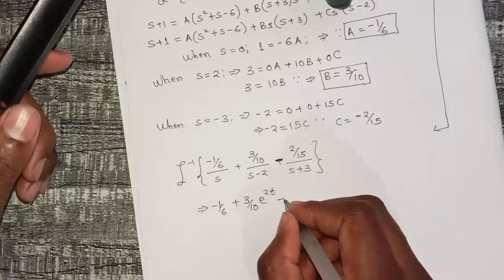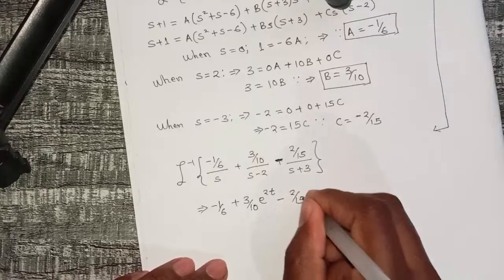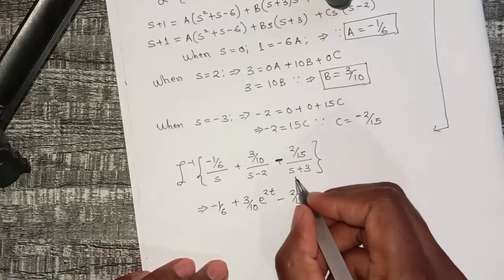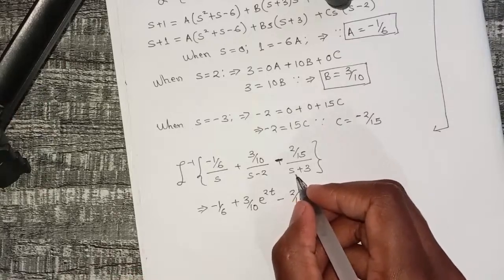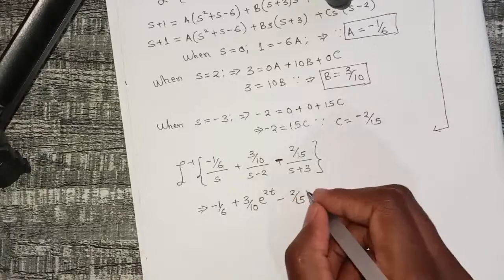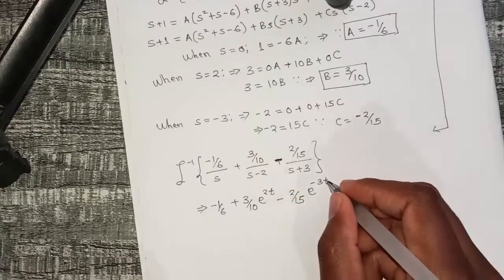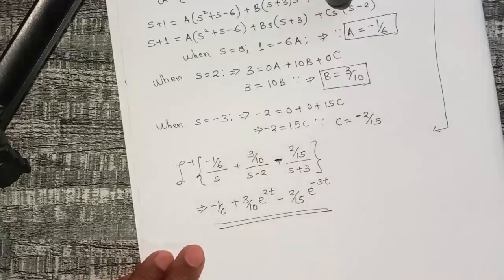So this is minus 2 over 15, and the inverse Laplace transform of 1 over s plus 3 is equivalent to exponential of negative 3t. And with that done, we've gotten the inverse Laplace transform of the given function.